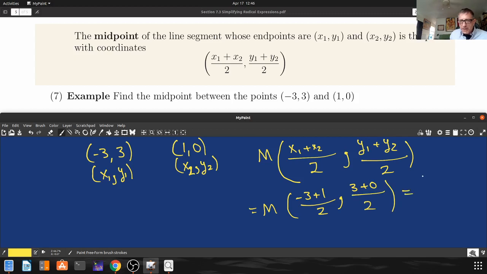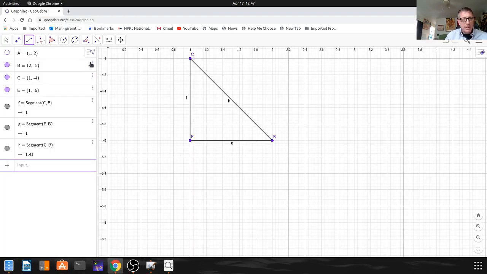And that's going to give me minus 3 plus 1 is minus 2. Minus 2 divided by 2 is minus 1. And 3 plus 0 is 3. Divided by 2 is 3/2. So that's our midpoint.